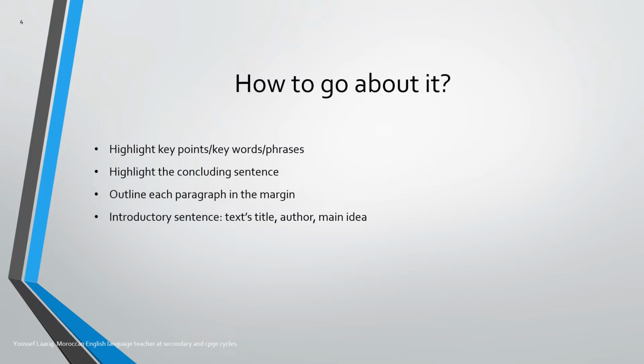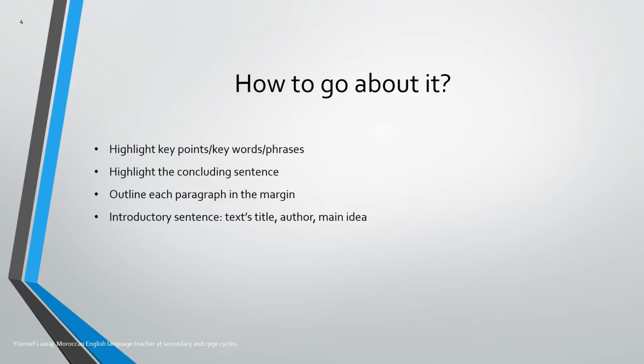When it comes to summarizing, you have to write a sentence which must be clear and should contain the following elements: a text title, author, and the main idea. So the first sentence of your summary should include these main components and the main idea of the text. So title, author, and the main idea of the text or the material you have dealt with.